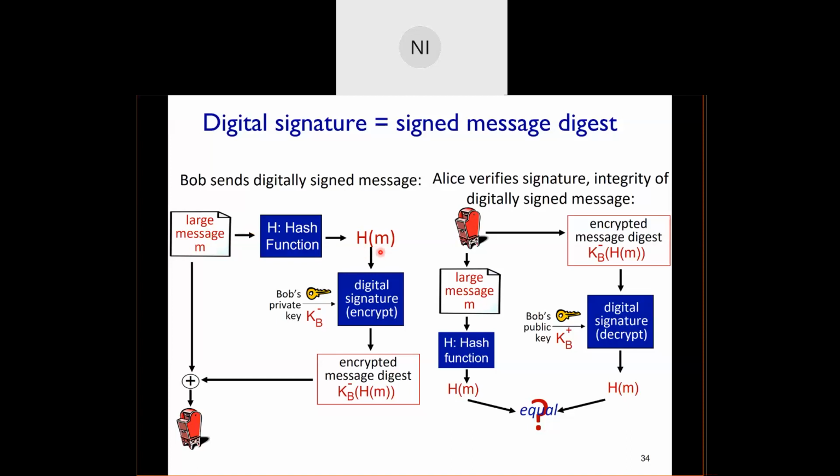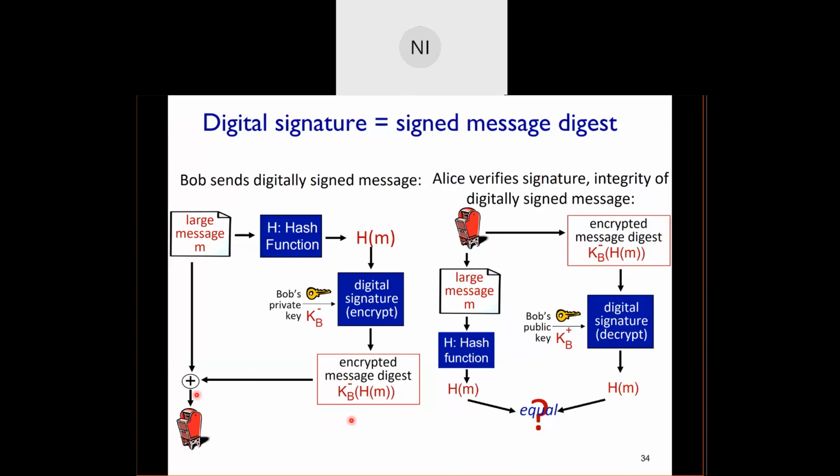As I was mentioning, practically it is impossible to do the inverse: given h of m, finding m is impossible. Everybody has Bob's public key, even the attacker, so the attacker also can decrypt this message. You understand what I'm trying to say?